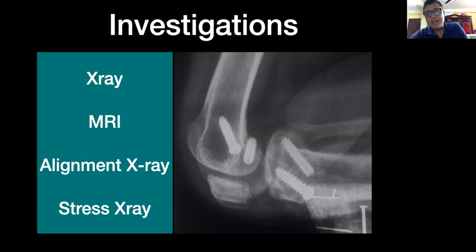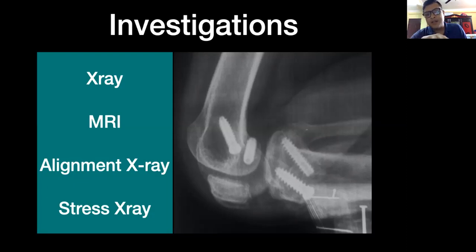But having said all these investigations, maybe alignment X-rays may be optional, and stress X-rays may be optional, but X-ray and MRI must be done. X-ray to see other bony avulsion injuries, and MRI to see whether other associated injuries are there or not, because isolated PCL injury is a very, very rare condition.